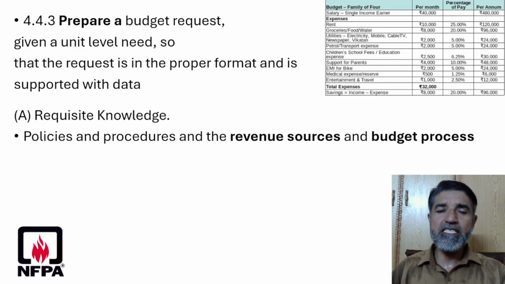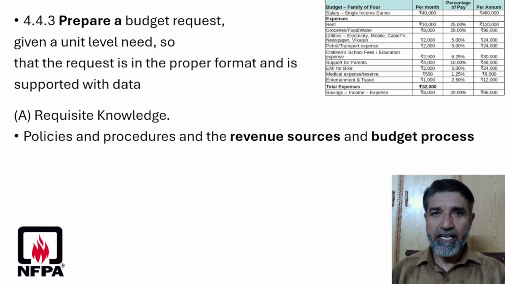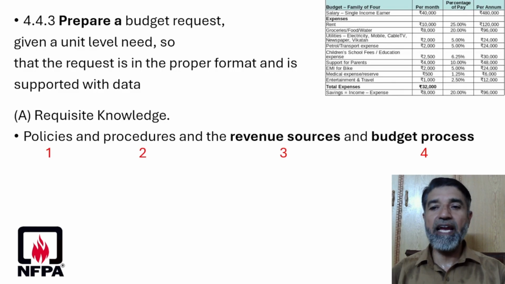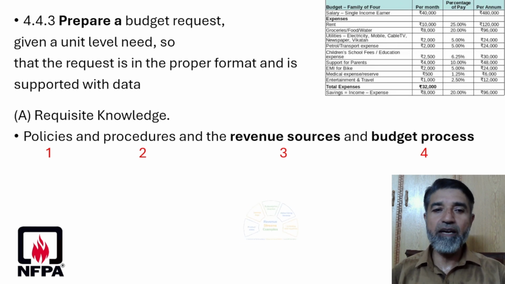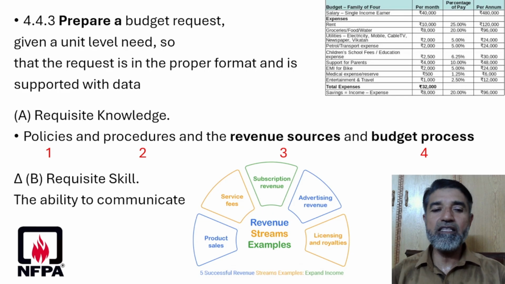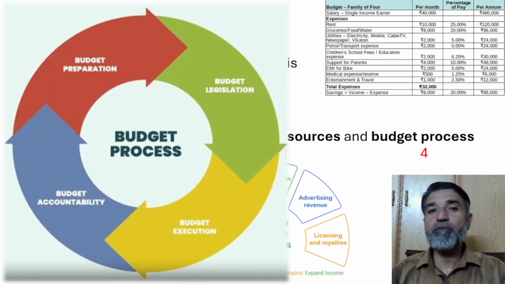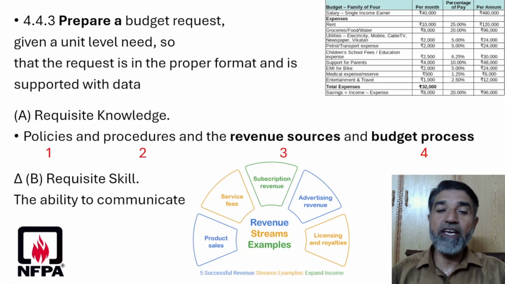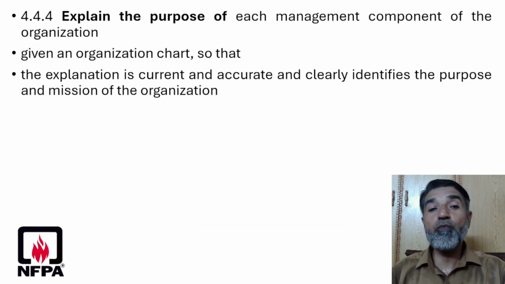He must take part in this preparation, and he will come to know how many types of expenditures are needed for a fire department to run throughout the year, in the repair and maintenance of equipment, systems, and vehicles. He has to go through policies, procedures and revenues, comprehend them properly and inform the top management. The skill for this is the ability to communicate, written or oral, both are needed, and the budget process must be at his fingertips.